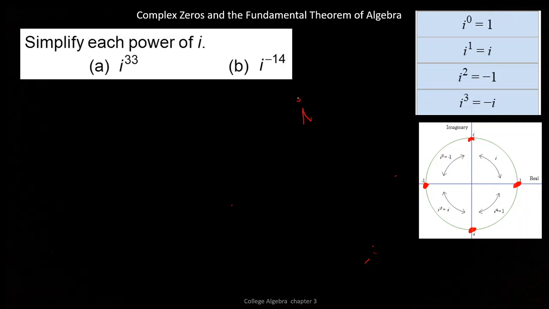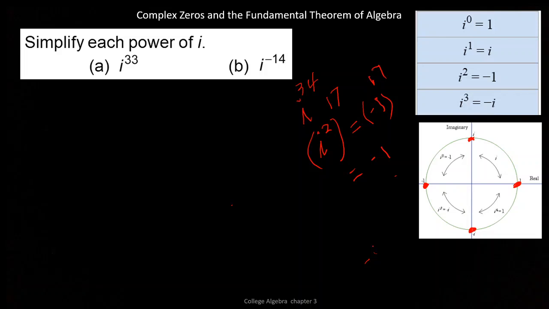What is i to the, let's say, 34th power? Well, i to the 34th power is basically i to the 2nd power and then to the 17th power, because 2 times 17 is 34. Now, we know i to the 2nd is -1. So this would be -1 to the 17th power. Now, -1 to the 17th power is -1. So the answer is -1.